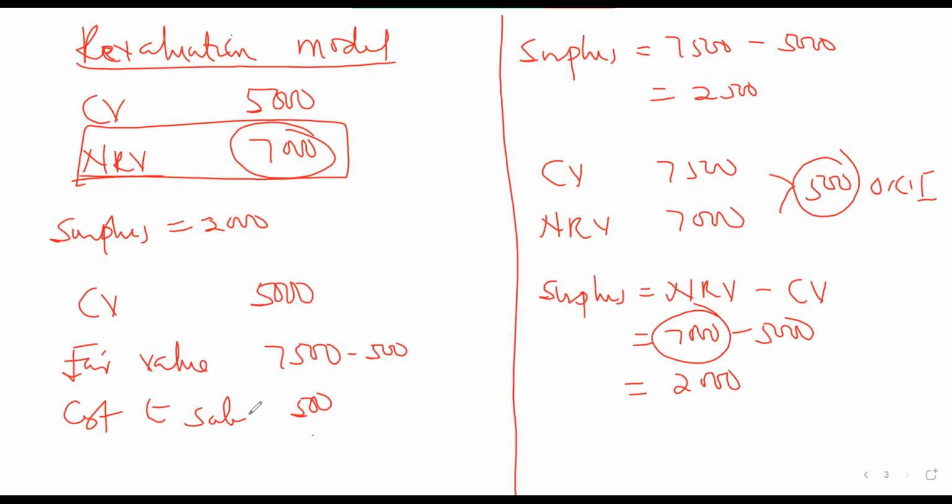It's the same thing. This will cancel this, and you have 2,000. So if you have the asset classified under the revaluation model, the lower of cost and net realizable value will not apply here. Yes, you have to first revalue the asset before you classify it.